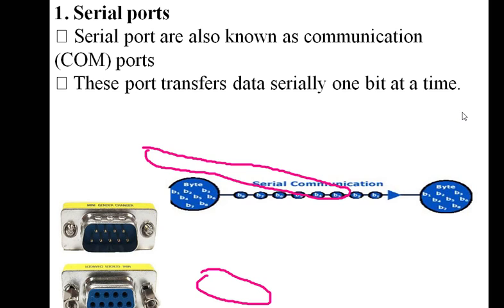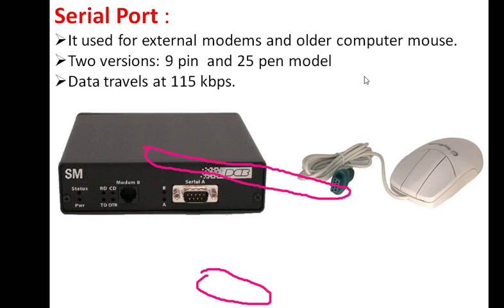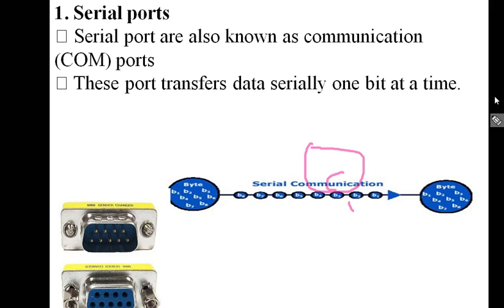Serial ports were used for connecting older mice. Now mice are available with USB ports, but this is an old mouse. These are also known as communication ports or COM ports.